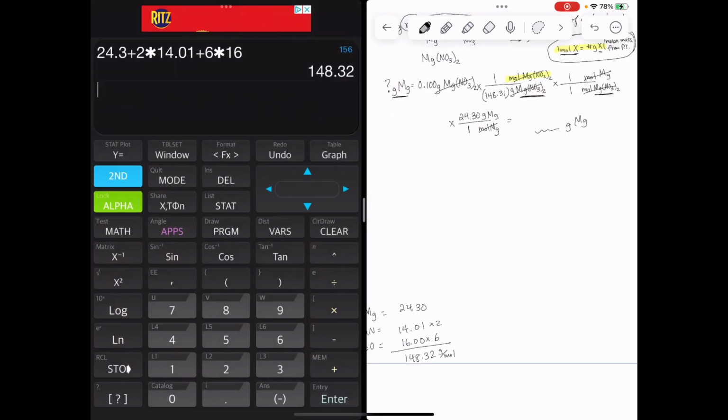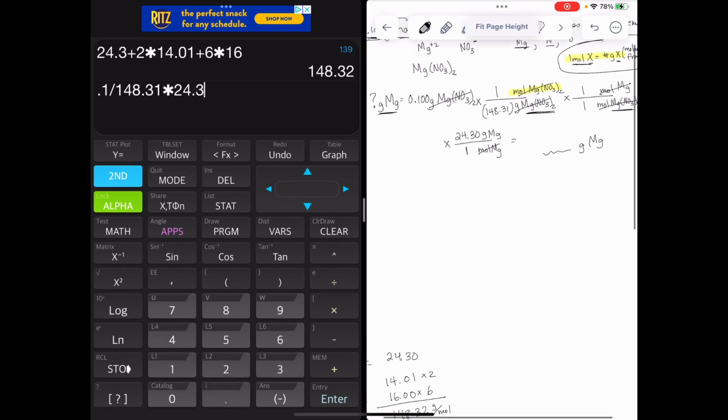And I've got 0.1 divided by 148.31 times 1 divided by 1, but I'm not going to plug that in because it's the same, times 24.3. You see what I did there? I abbreviated my calculation.